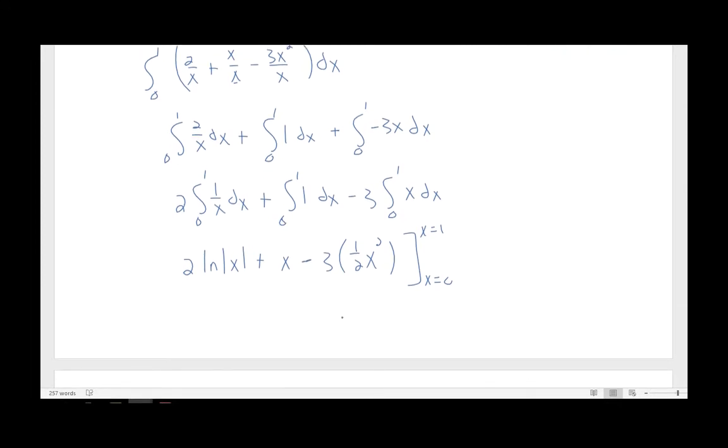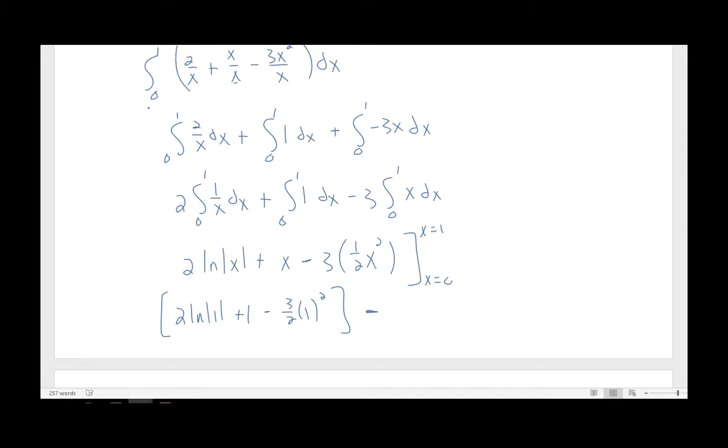All right, if I do all of that, let's see, if I plug 1 in, I get 2 ln of 1 plus 1. This is just 3/2 times 1 squared, right? So there's the upper limit, and then I subtract with the lower limit plugged in. So if I take x and go, ooh, I picked a bad value of x to plug in here, right? Here's why. If I plug x equals 0 into the logarithm, ln of 0 is undefined.